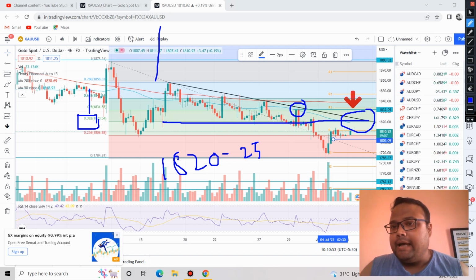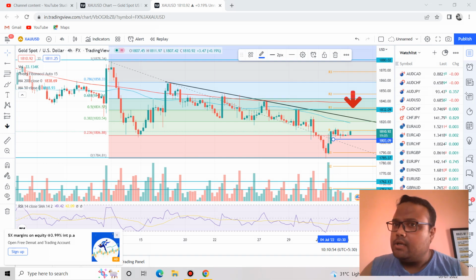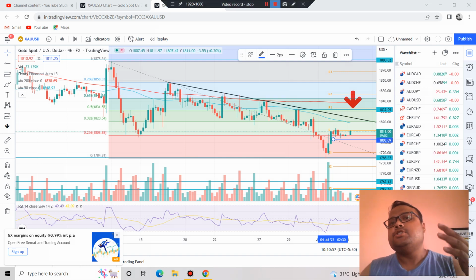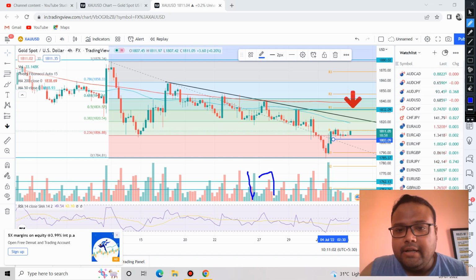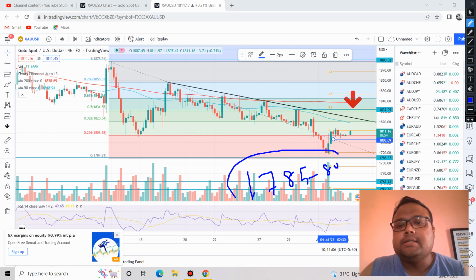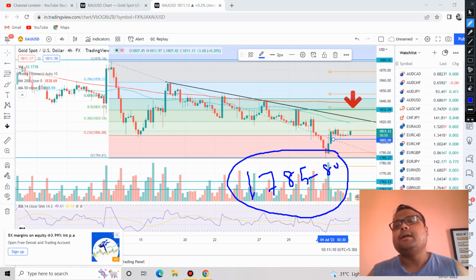In case the market witnesses a heavy, sharp fall on the chart of gold, then 1785 to 1780 is the first good support for the market. We can expect that if the market comes down to this level, the market will bounce.